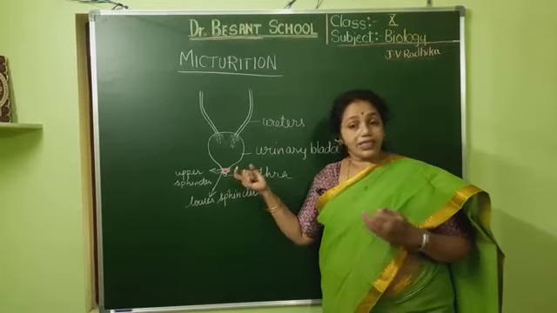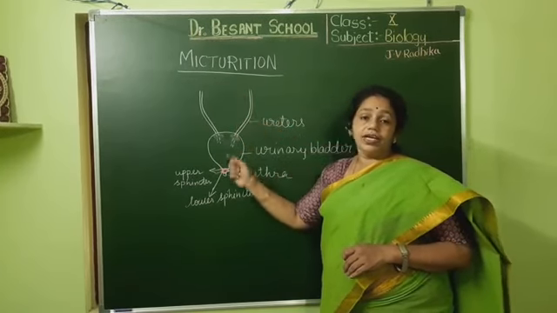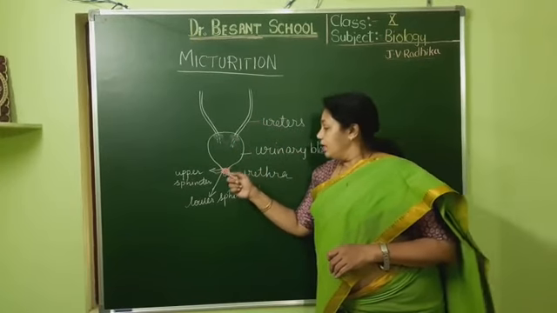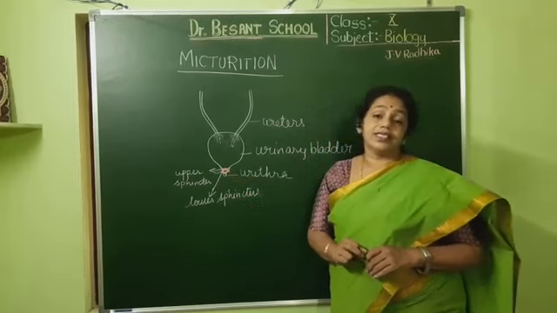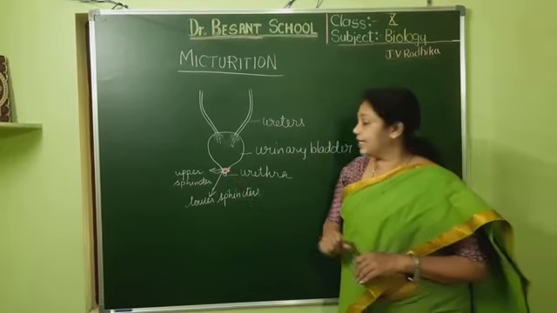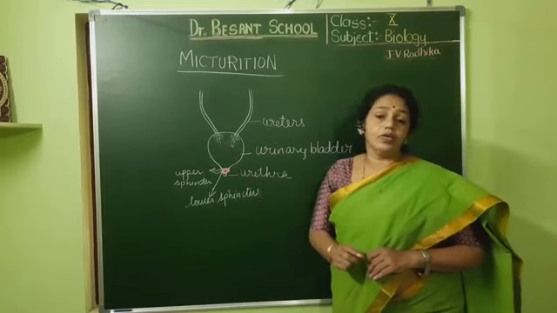This process of passing urine is called micturition. So we feel like micturating, but still the outer or lower one is closed, constricted. It remains constricted until it fills to 700 to 800 ml.